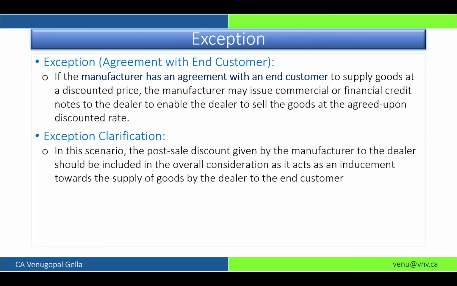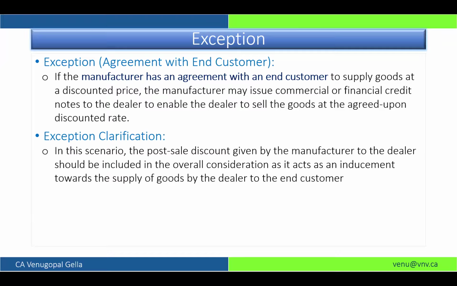Between Infosys and Dell, at a manufacturer level, they have undertaken that, on the instruction you issue, I will pay it. So when the consideration is indirectly paid by someone, then that should be added to the value of supply.